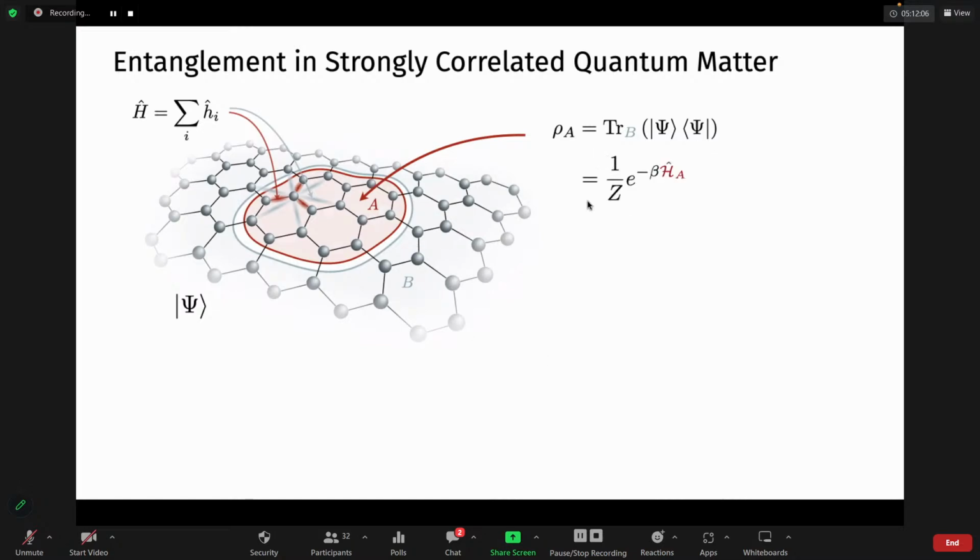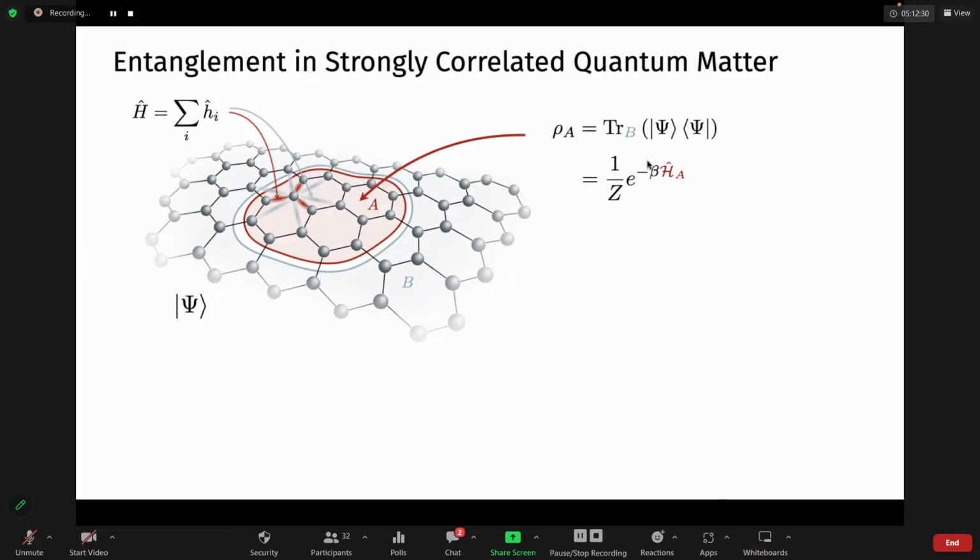Now, what you can always do is rewrite this density matrix in the form of a Gibbs state. That's always possible, simply because all eigenvalues of a density matrix are positive. And if you do that, you have already added a little bit more physics to the problem. You now have a prefactor beta in the exponent, which is an inverse temperature.